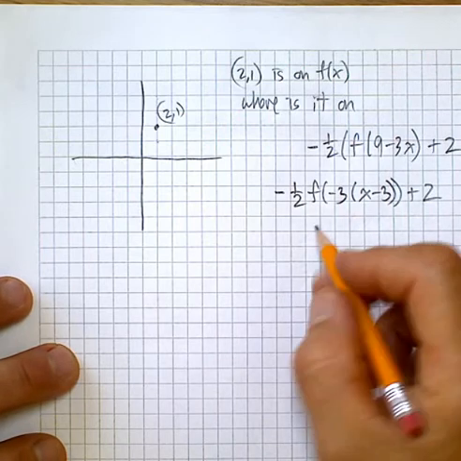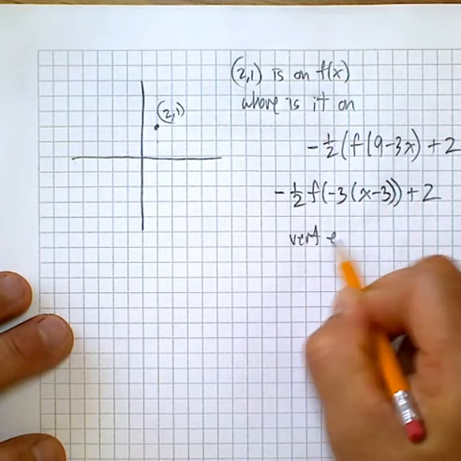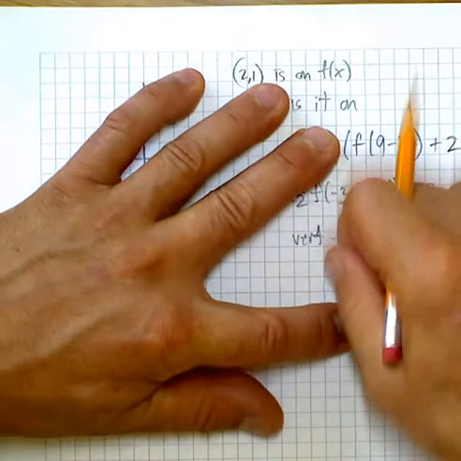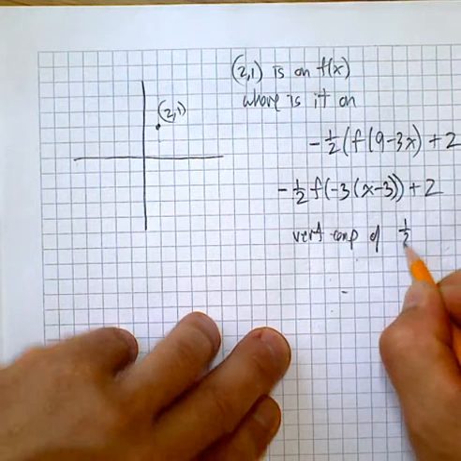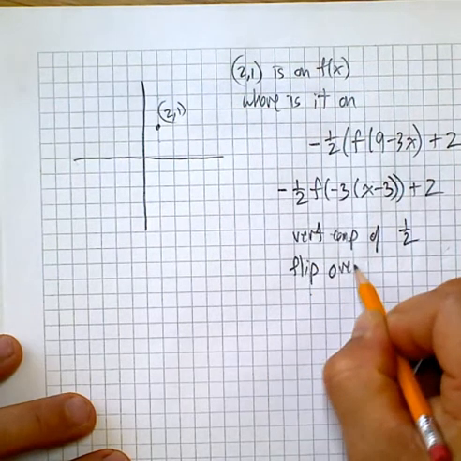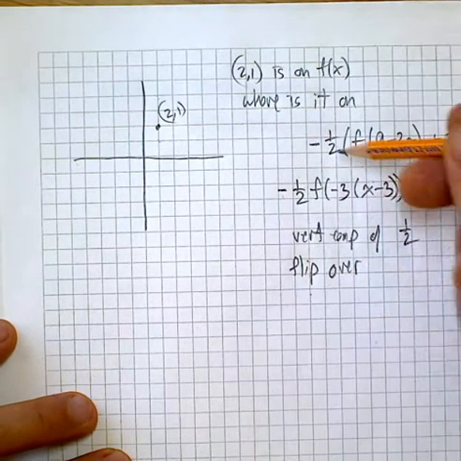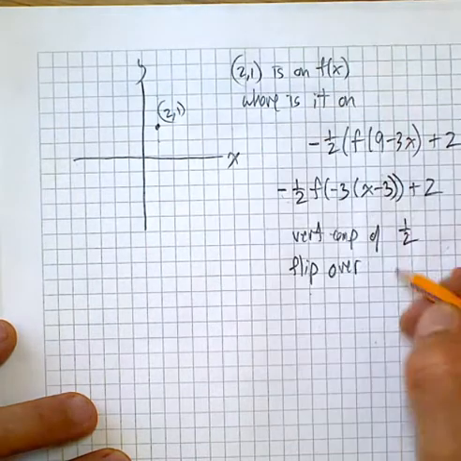So let's mention what they all are. A vertical expansion, or sorry, compression, right? Vertical compression of 1/2. Then this flips it over the x-axis, right? Because all your y values become negative, so flip over x.